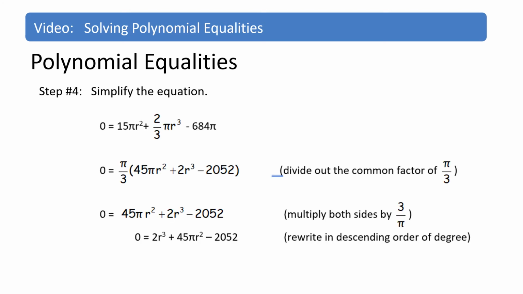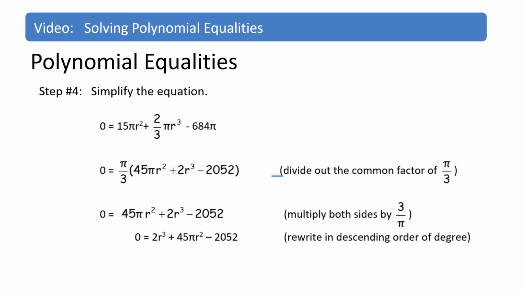Now let's simplify the equation. We'll move the 684 pi to the right, and we will get 0 equals 15 pi r squared plus 2/3 pi r cubed minus 684 pi.